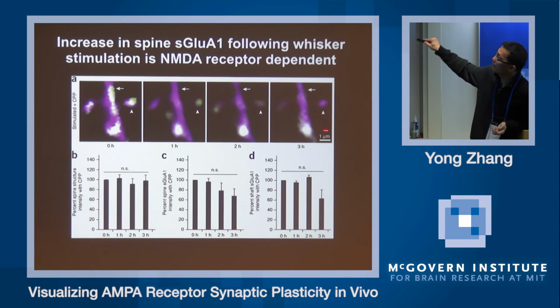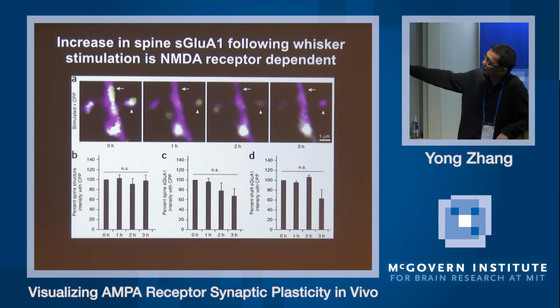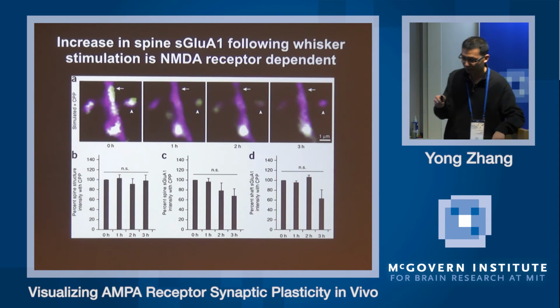As indicated in the representative images and in the quantification at the bottom, the application of CPP completely blocks the whisker deflection-induced increase in spine surface AMPA receptors. If anything, there is a trend toward decrease, although statistically it's not significant. It also blocks the changes caused by the whisker stimulation for the shaft surface AMPA receptors. So basically this figure tells you that indeed this process is an NMDA receptor-dependent event.